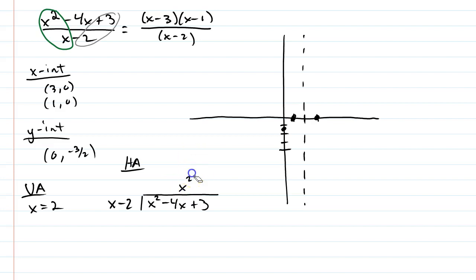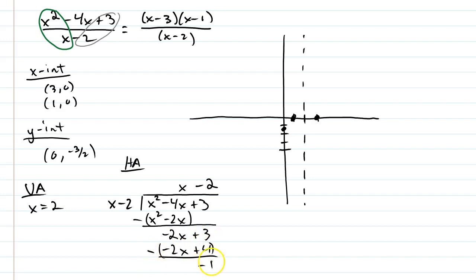So, whoops, not x squared. x times x is x squared minus 2x. And just be careful when you subtract. This will cancel. Negative 4 minus a negative 2 is negative 4 plus 2, which is negative 2x. And drop 3. And so this is going to be negative 2. And when we subtract, 3 minus 4 is negative 1.